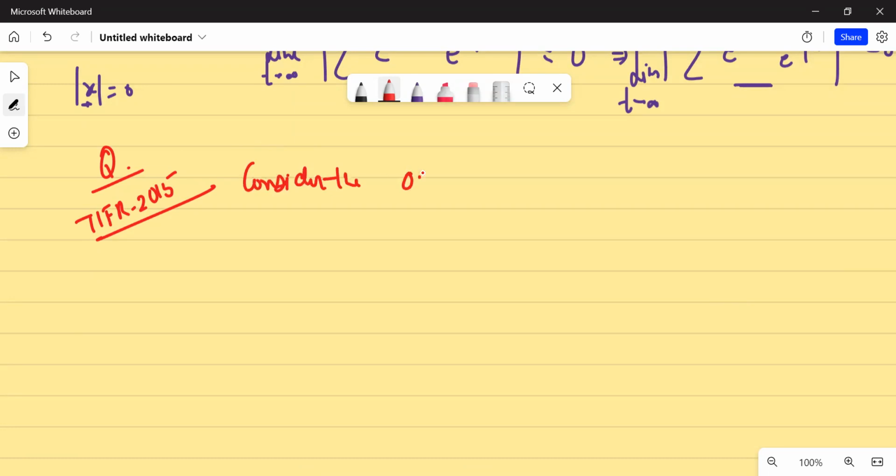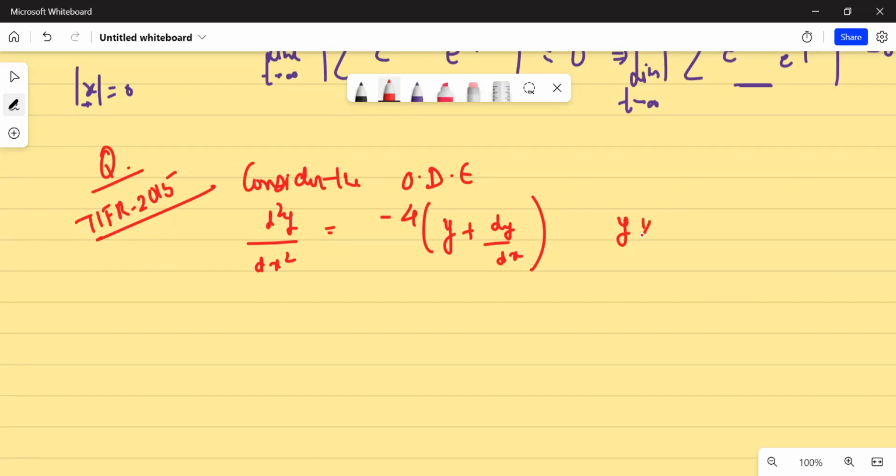So consider the ordinary differential equation, and it was given d2y upon dx2 is equal to -4y plus dy by dx, with boundary condition that at x equal to 1 by 5, y is equal to 0.